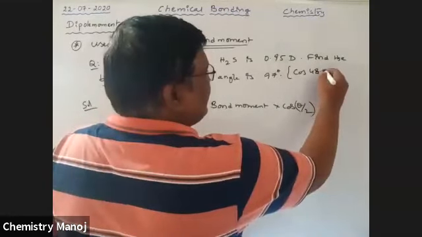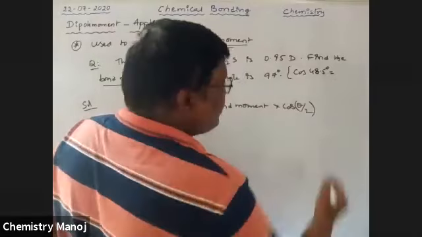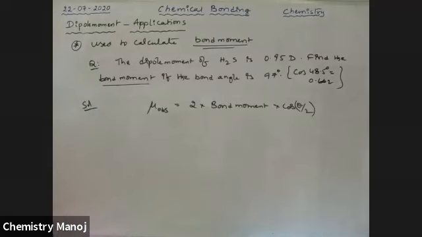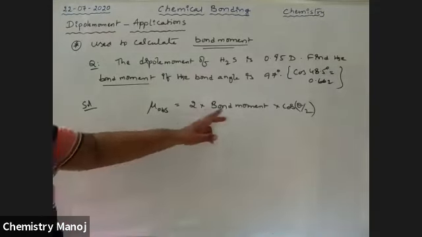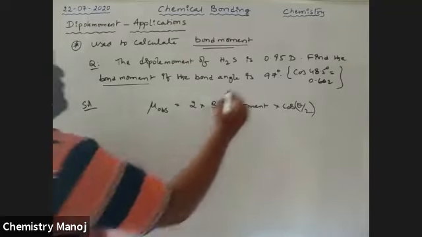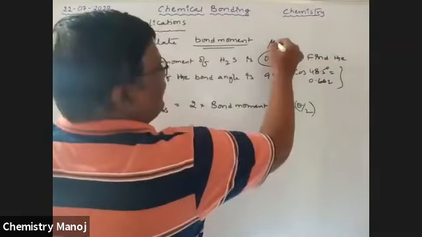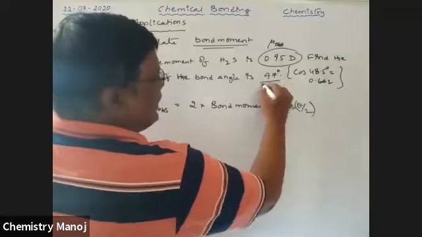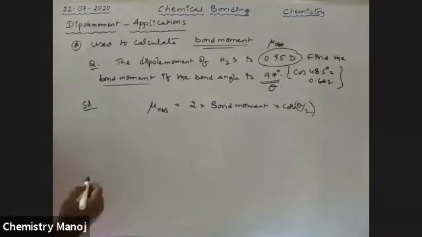Cos 48.5 degrees is equal to 0.662, that is the given value to you. Mu observed is equal to 2 into bond moment into cos theta by 2. This is the mu observed value, and this is the theta value.